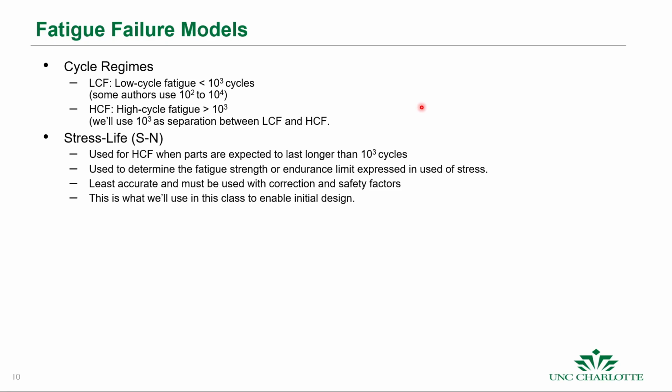We can use this theory to find out what the fatigue strength of the material is, or the endurance limit for that material, and then we can start to look at our safety factors. This method of analyzing a part is the one that we use in this class, but it's actually the least accurate if you use it as it is, and it has to be corrected using correction and safety factors.